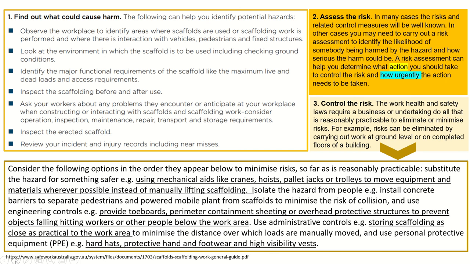So when you want to control the risk, you need to know should you do everything manually, or there are any kind of useful tools or different types of cranes to be used, for example, to do things by machineries and equipment, rather than doing all that manually.